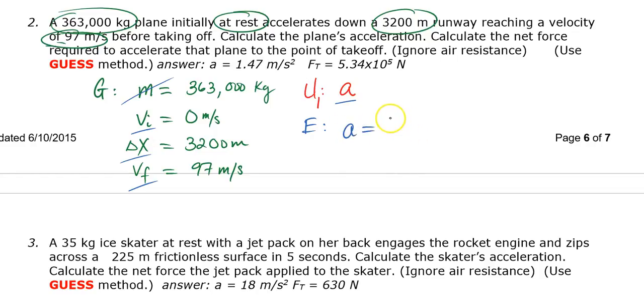A equals VF minus VI divided by... where's my time? Okay, that doesn't work, does it? Because we don't have the time. So there is another one that involves those four things.